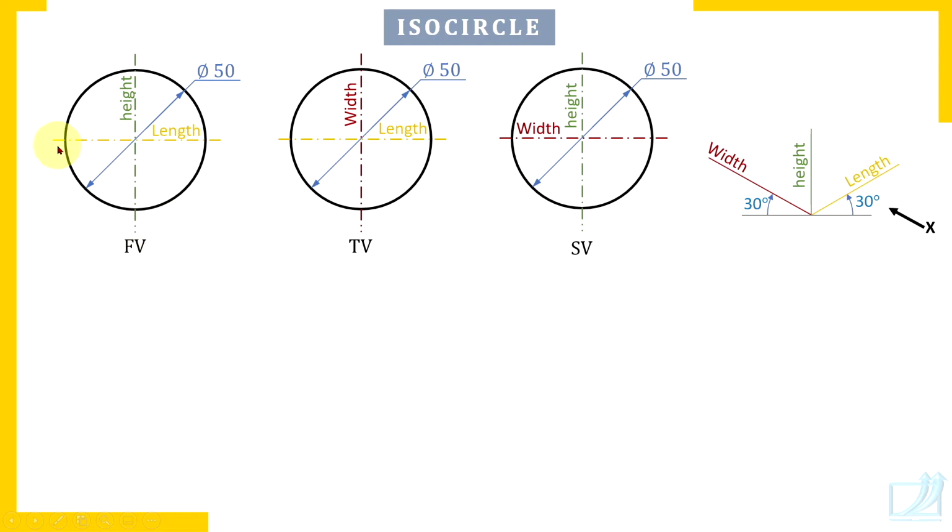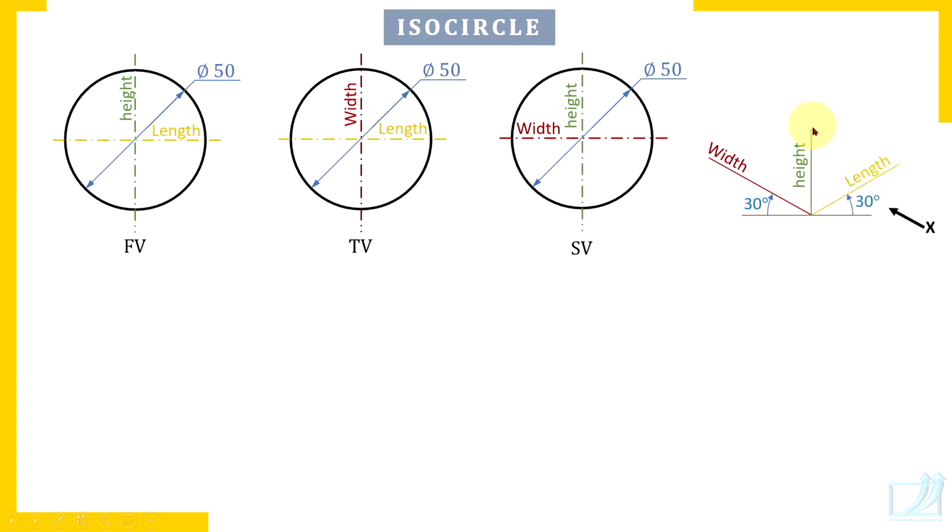You must not forget that the orientation of length and height axis you will have to check in isometric view. In isometric view, we are going to draw for this circle in front view, the length axis inclined in this way at an angle of 30 degrees, that is on the right side upwards. In this manner, you are going to draw the length axis.